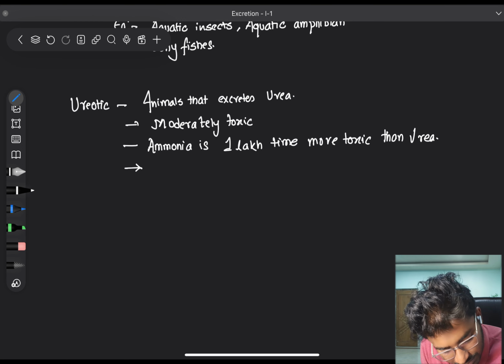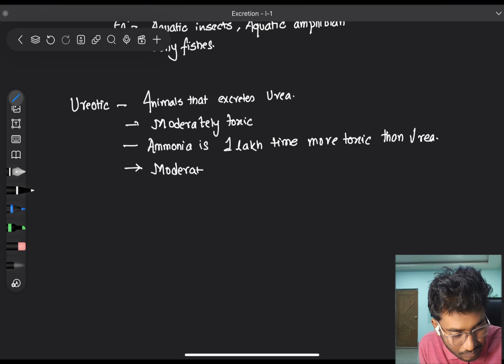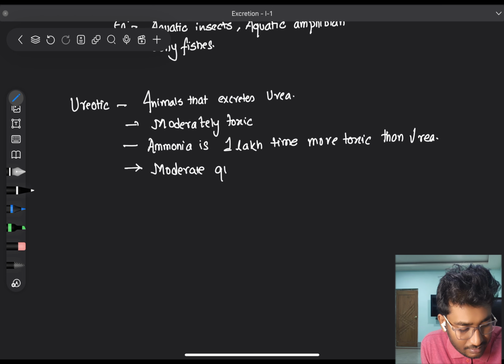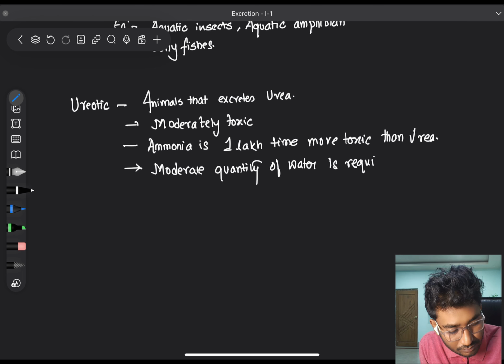Moderate quantity of water is required for its removal.